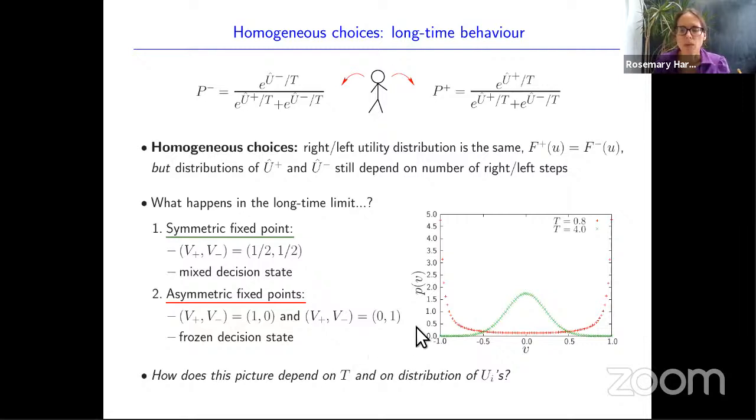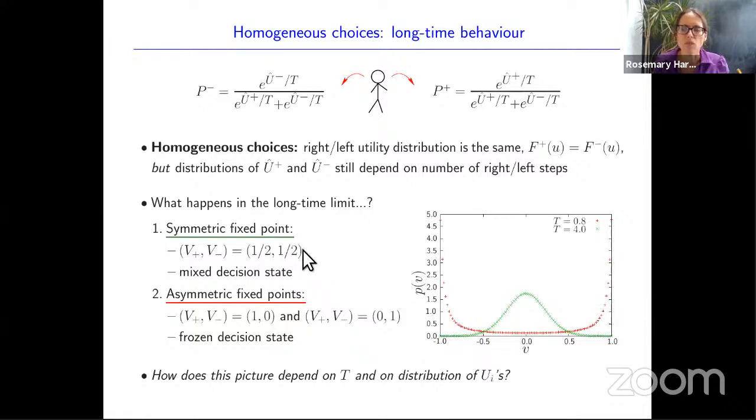So on the right, I plot simulation results showing the empirical histogram of velocity after 100 time steps with an exponential distribution of utilities for both right and left steps. And in green, you have a high value of the noise, and you see the distribution is peaked around 0.